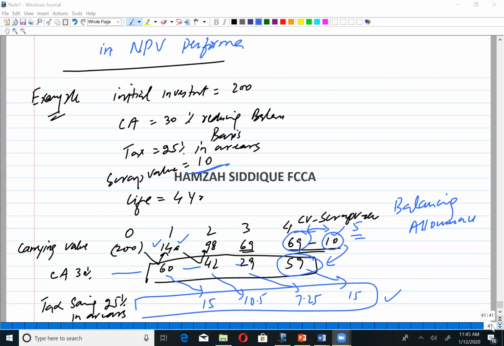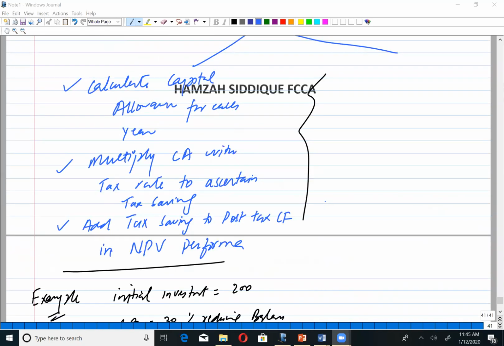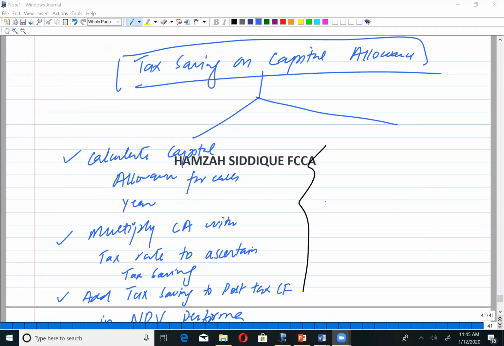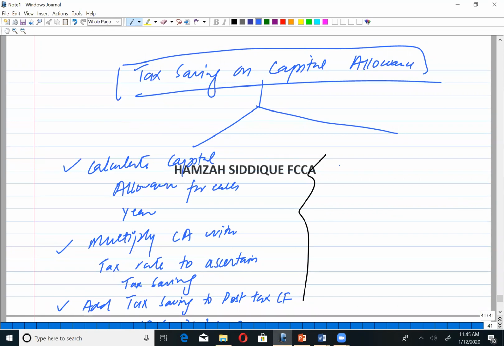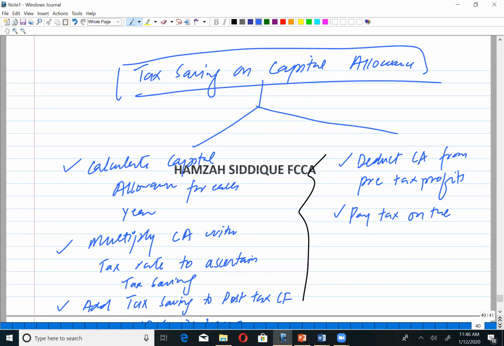Next. Students, this is the one way to add capital allowance. There is another way. I told you 2 ways. What is the other way? Students, deduct capital allowance from pre-tax profits. Then pay tax on the resultant amount.